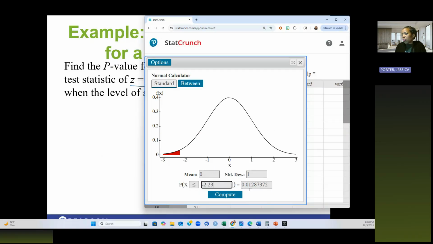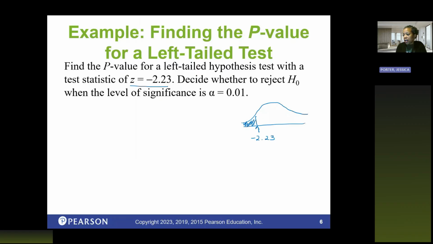And so 0.0129 is the area. So the area in here is 0.0129. Then we're going to compare that to this alpha level. So p is equal to 0.0129. Alpha is equal to 0.01.